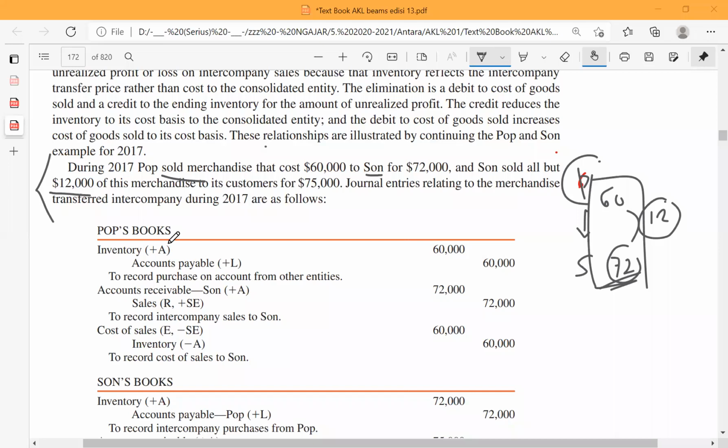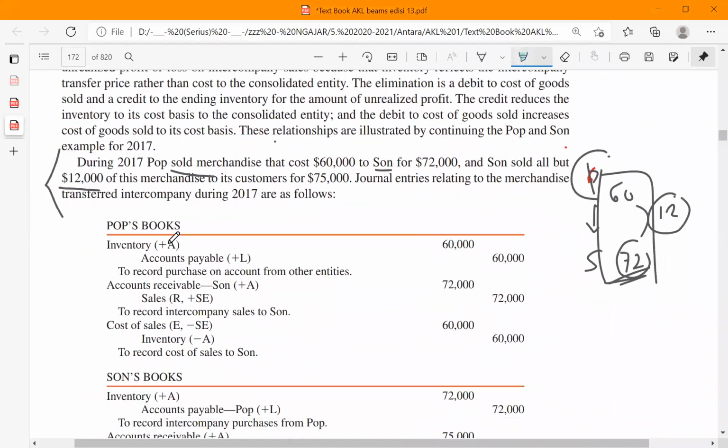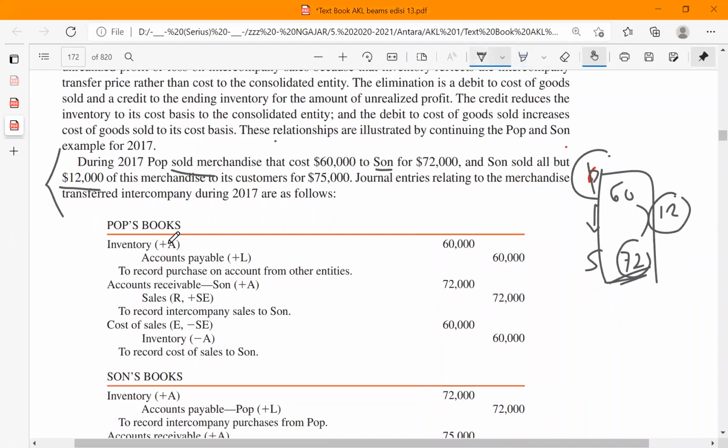Now let's focus only on the amount of the transfer pricing, from the point of view of S. S has an inventory amount of 72. And all of it but 12 is sold, which means we have 12 still unsold here, and 60 is finally sold.